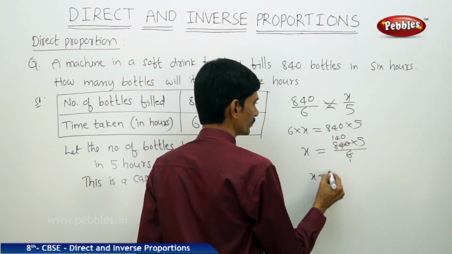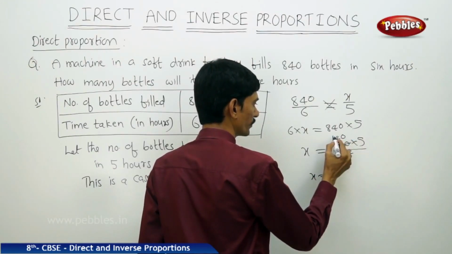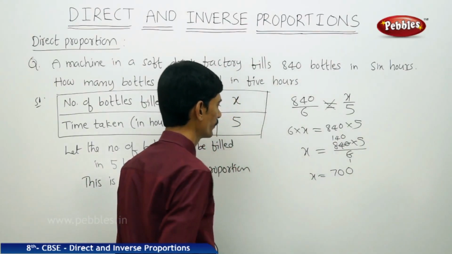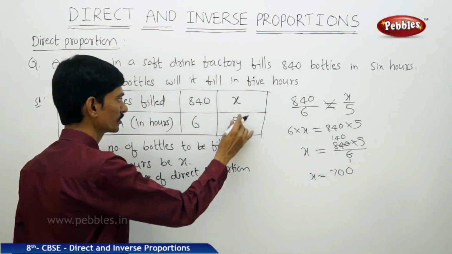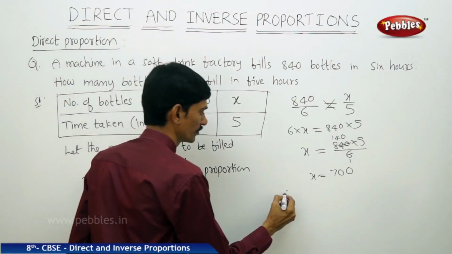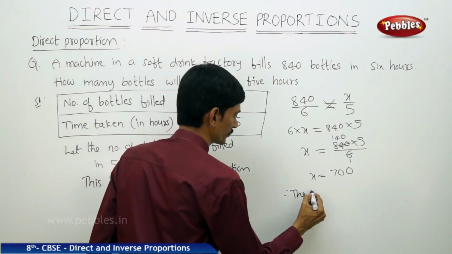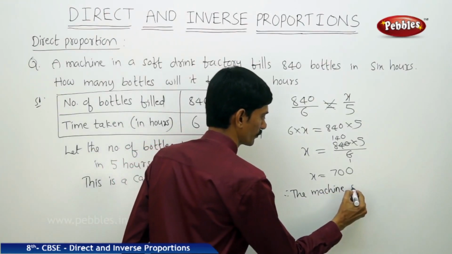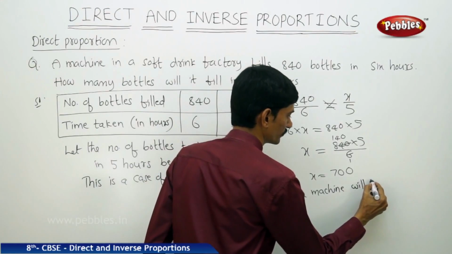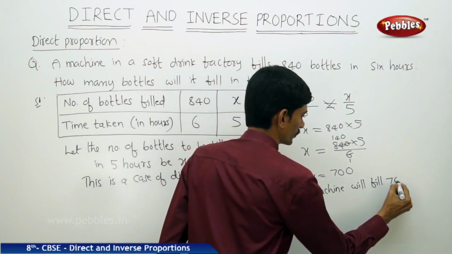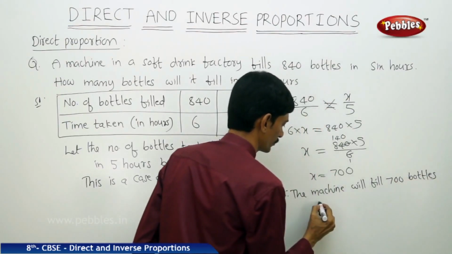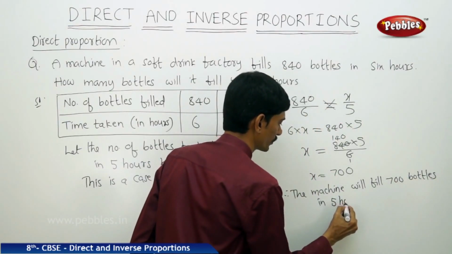Then x equals 140 into 5, 14 5s are 70, 0. Therefore the machine will fill 700 bottles in 5 hours.